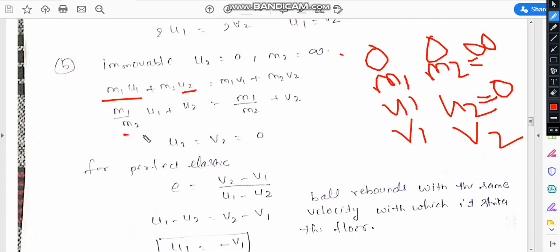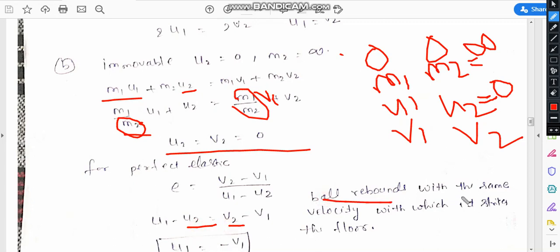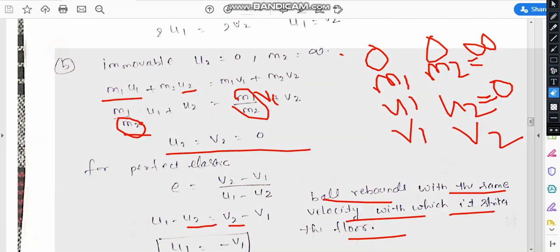According to conservation of linear momentum, dividing by m2, which is infinite, these two terms become 0. Here there is a v1 term. For perfect elastic, e equals 1, so u1 minus u2 equals v2 minus v1. As u2 is 0 and v2 is 0, u1 equals minus v1, which means the ball rebounds with the same velocity with which it strikes the floor.